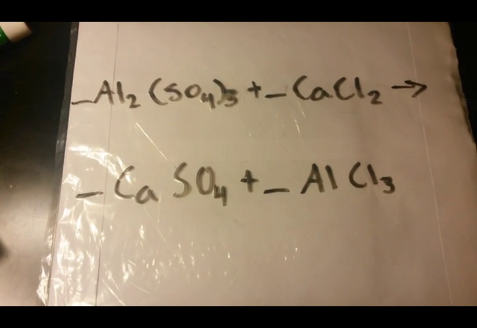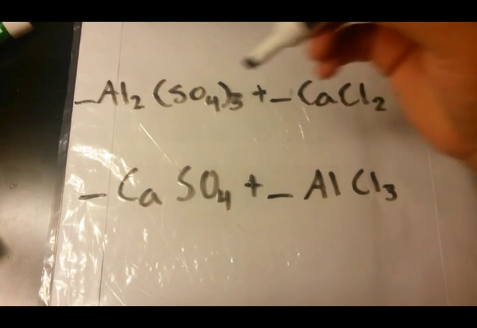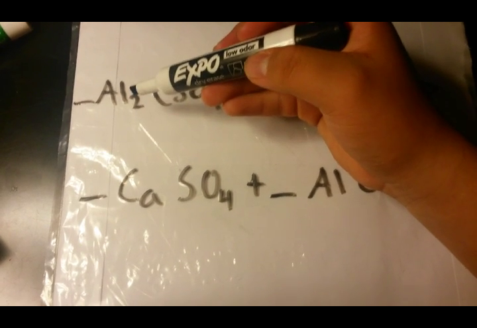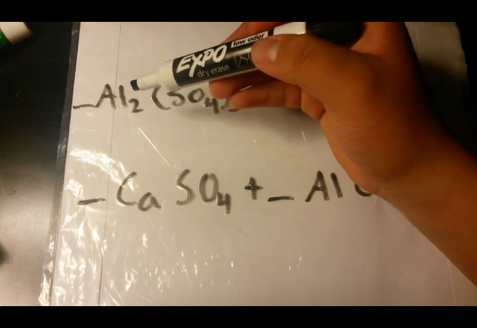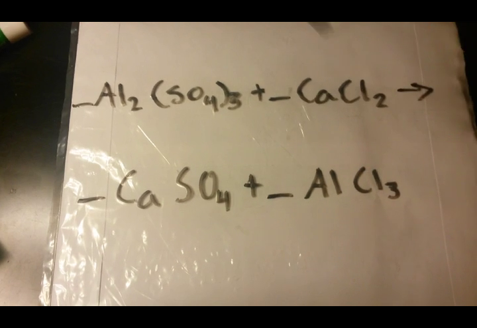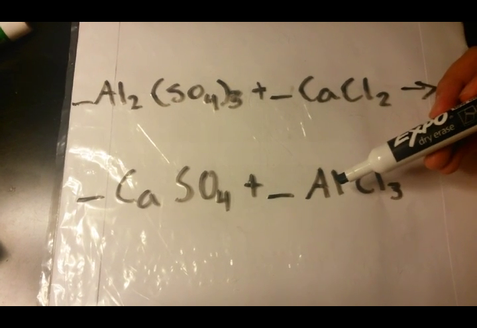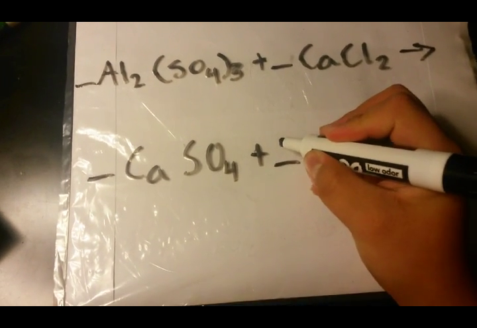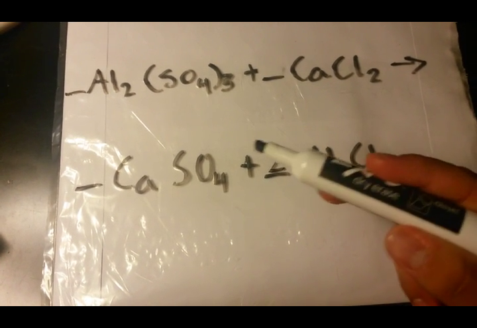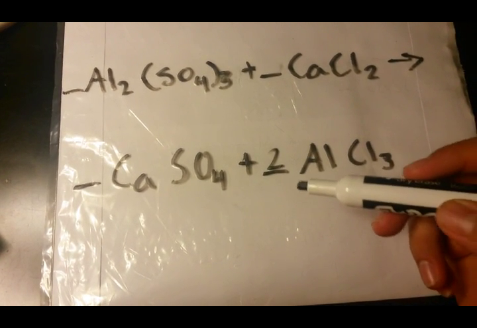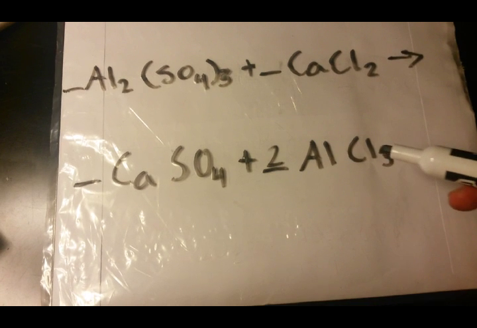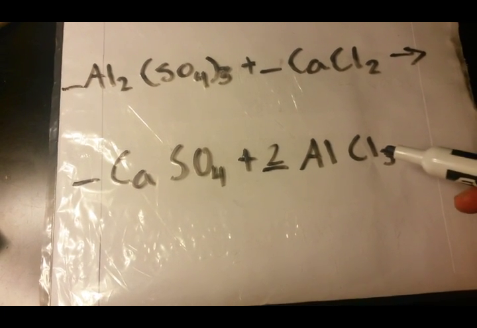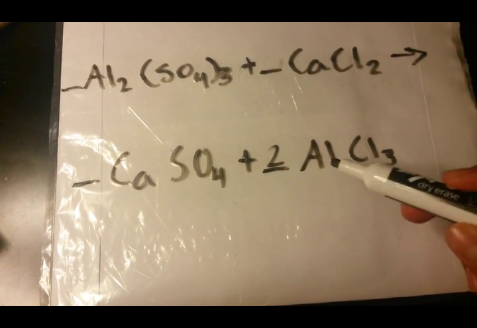So what we are going to do is start off with the aluminum. On one side we have two aluminum elements, and on the other we have only one. So to balance it out, all we had to do is put a 2 right here. And now we have two aluminum elements on both sides. Now let's take a look at the chlorine element.